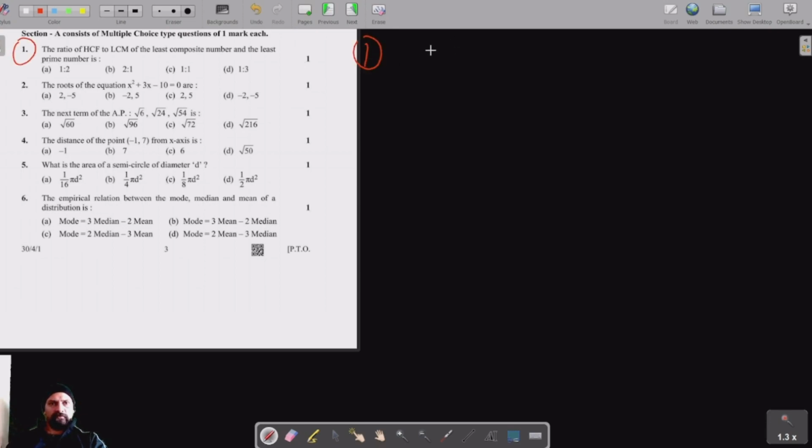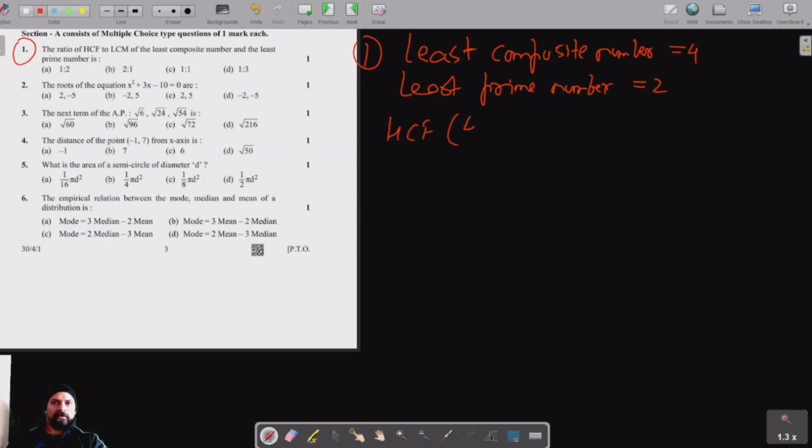Let's first of all write down the least composite number. So the least composite number is 4 and the least prime number is 2. Now let's find out the HCF and LCM of 4 and 2.